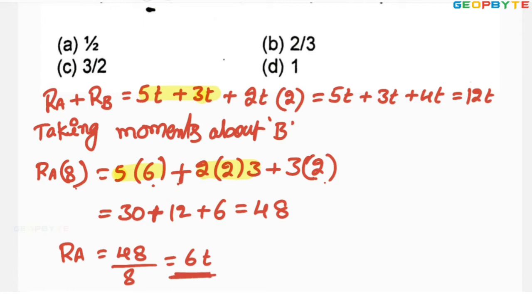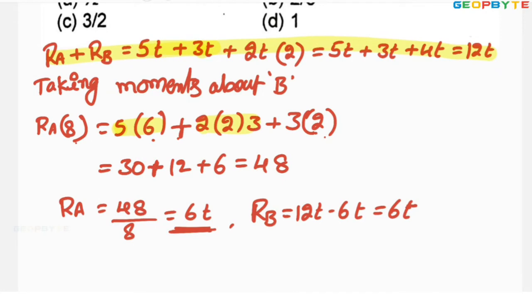RA equals 6 tons and RA plus RB is equal to 12 tons. Then what will be RB? RB equals 12 ton minus 6 ton, which is 6 ton. Here RA equals 6 ton, RB equals 6 ton.